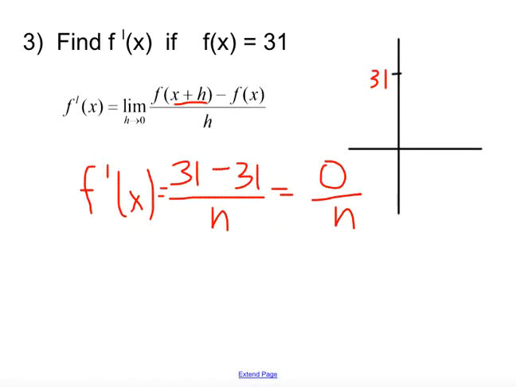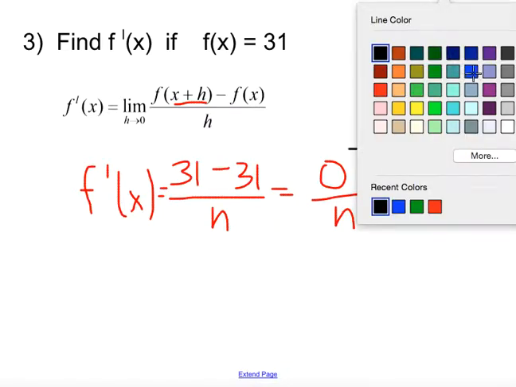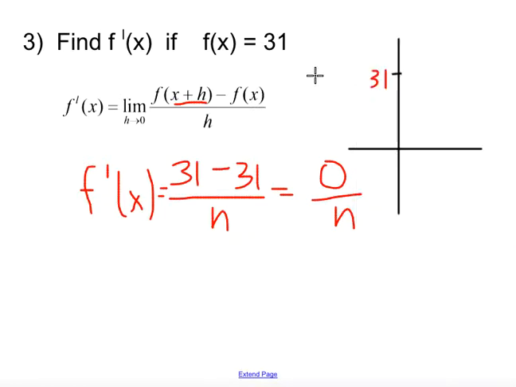So it is going to be a horizontal line through the point right here. So this is the line y equals 31. Now tell me the slope of this line. The slope of any horizontal line happens to be 0. So it makes sense that the derivative is equal to 0.